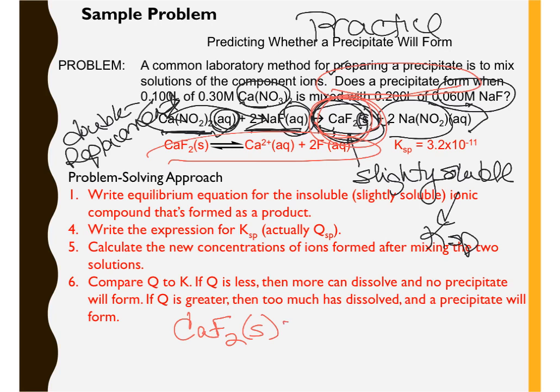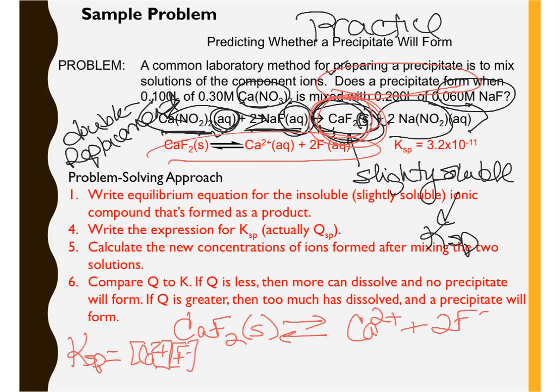So here is the Ksp equilibrium equation that we're going to be working with. And so the Ksp, as always, is the concentration of the products. Now fluoride has a coefficient of 2, so we have to make sure that becomes the exponent. So here's the expression for Ksp.